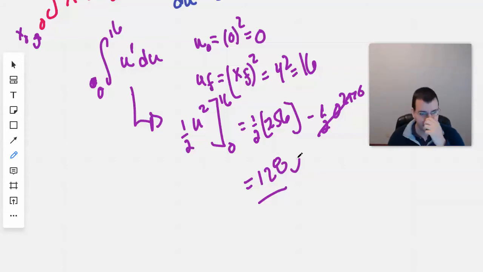Okay? So I never really learned how to change the limits of integration, changing the x initial and x final to u initial and u final.